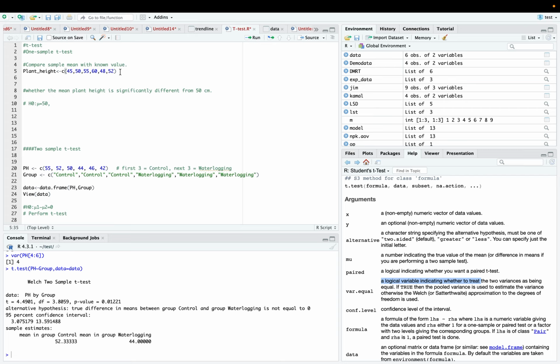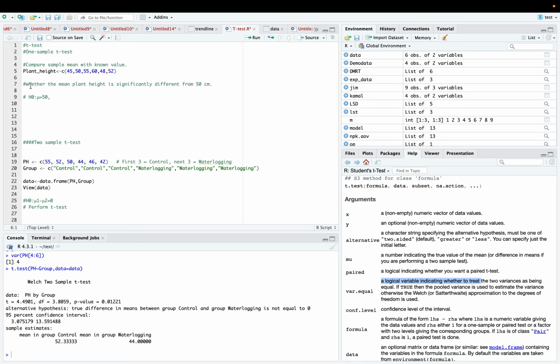Now I will check whether the mean plant height is significantly different from 50 centimeters. Previously I said there must be a known value, so I want to compare that. Whether this is possible or not, we want to check it by using one sample t-test.